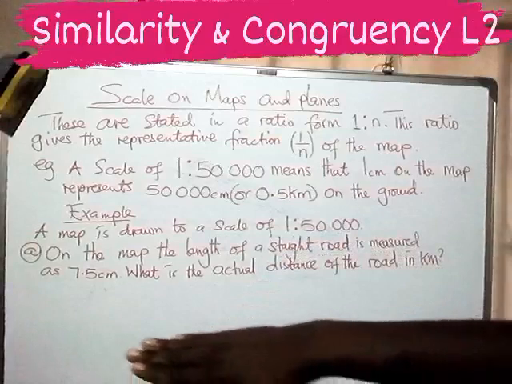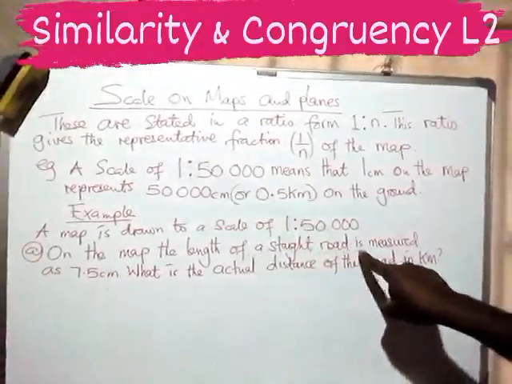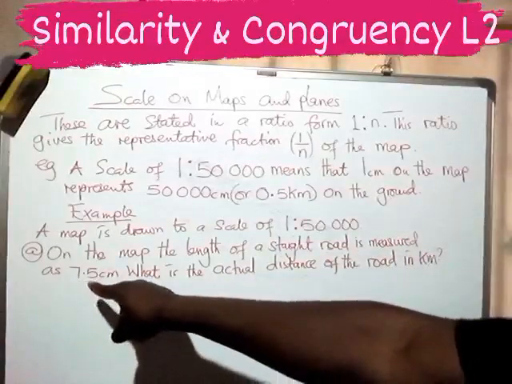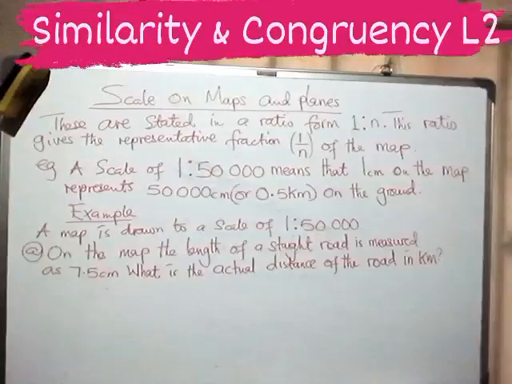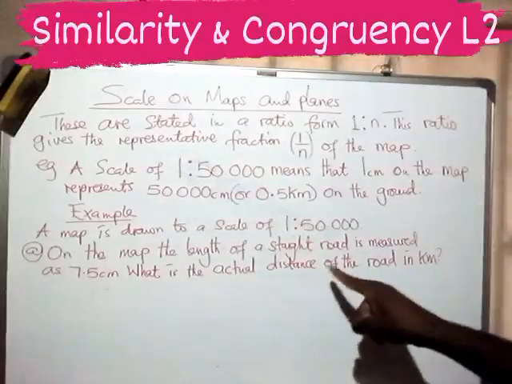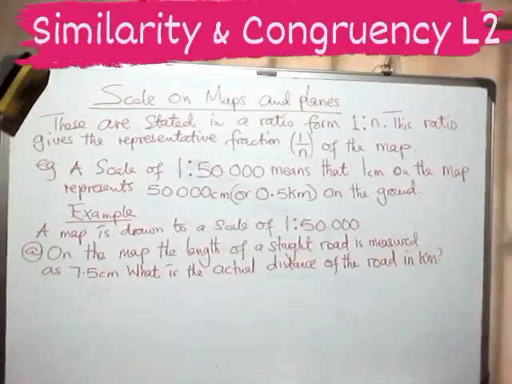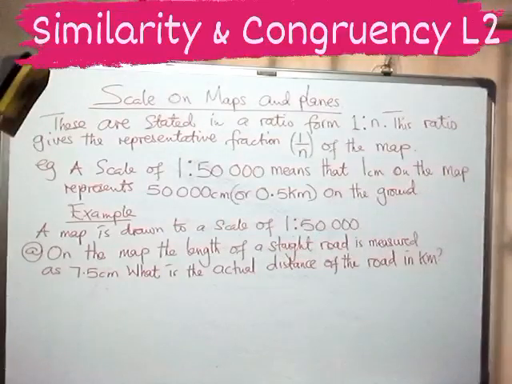Now the question is, on the map, the length of a straight road is measured as 7.5 centimeters. What is the actual distance of the road in kilometers? So we have to convert this number into kilometers.